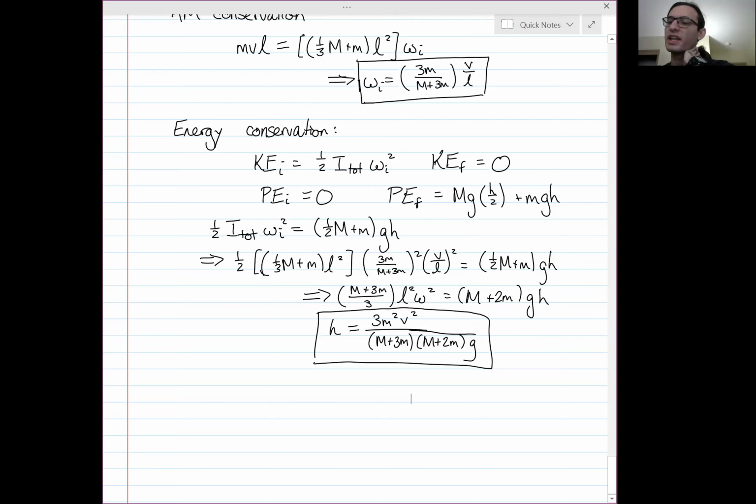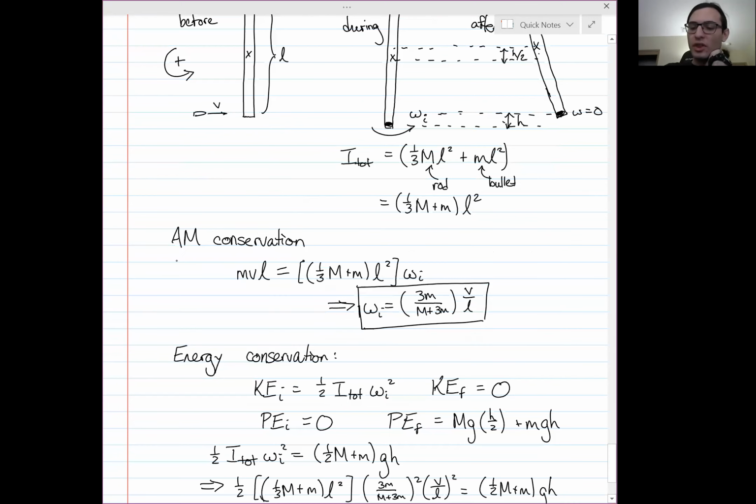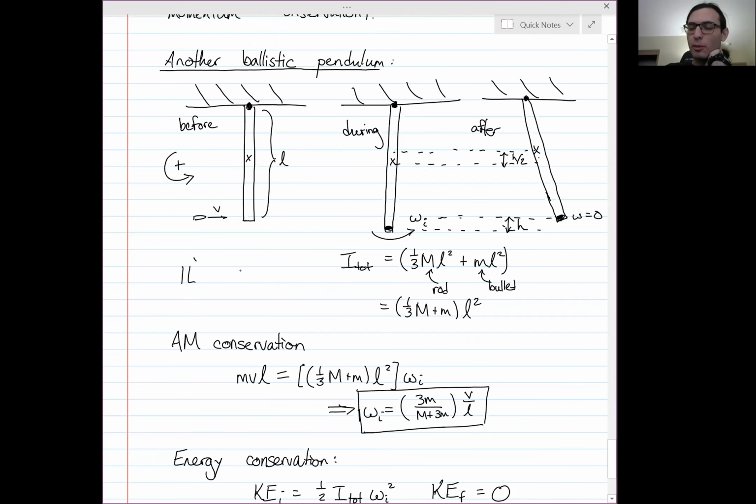How did I get the initial angular momentum? Remember that the magnitude of the angular momentum is just p times r times sine theta, and r times sine theta is just the perpendicular distance between the object and the pivot.